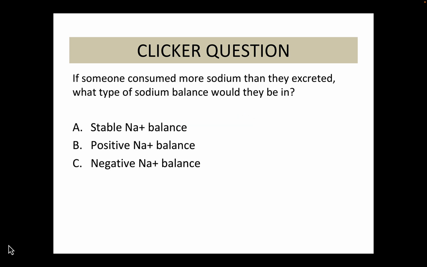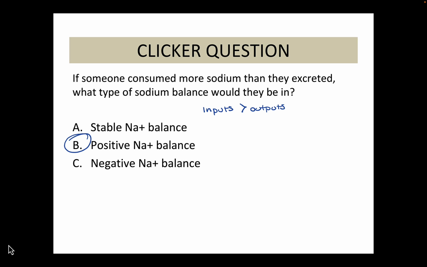Now, if someone consumed more sodium than they excreted, what type of sodium balance would they be in? So if our inputs were greater than our outputs, which is where many of us are with these high sodium, highly processed food diets, that puts us into positive sodium balance.